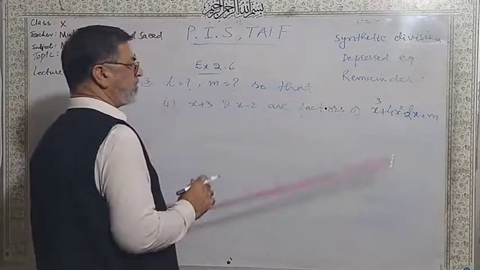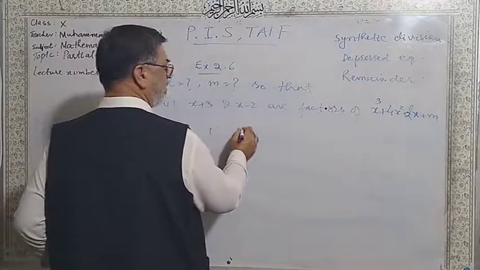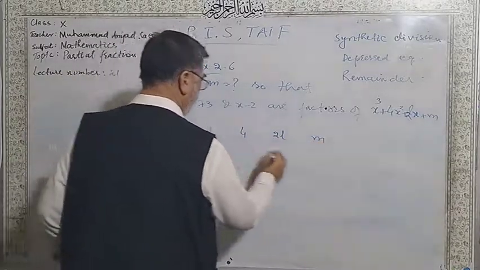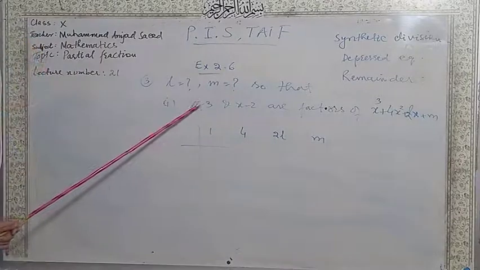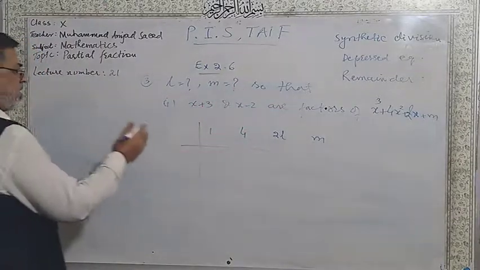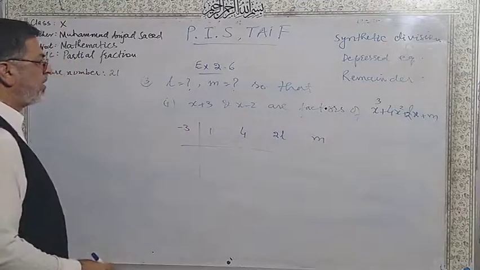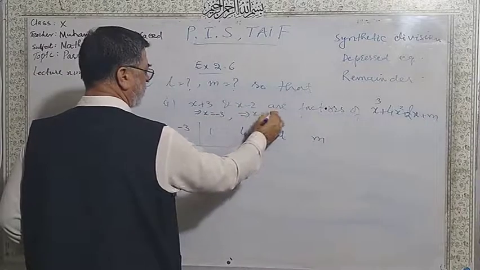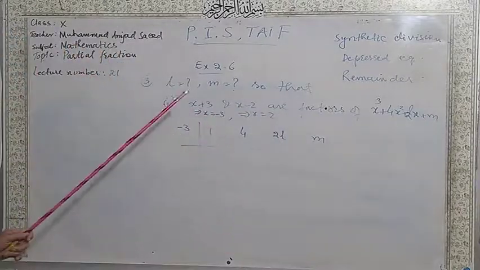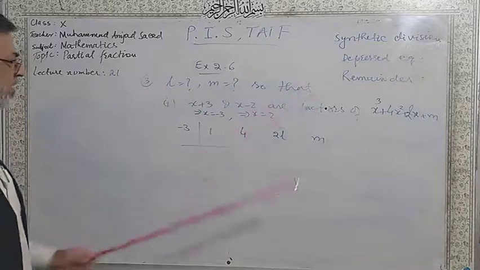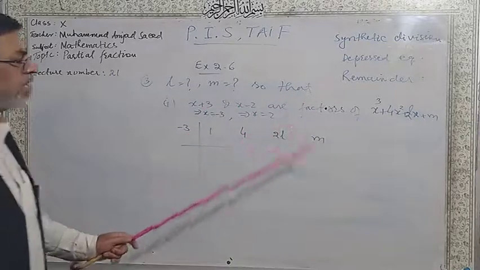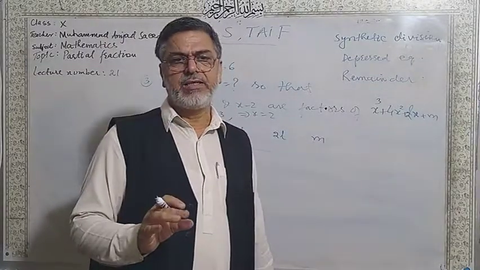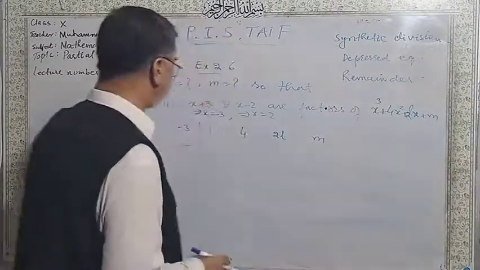Write down the coefficients of this polynomial: 1, 4, 2L and M. Remember that if x plus 3 is a factor, then x is equal to minus 3 will be a root. Whenever x plus 3 and x minus 2 are factors, then the remainder will be equal to 0. For a root and factor, the remainder is always 0.